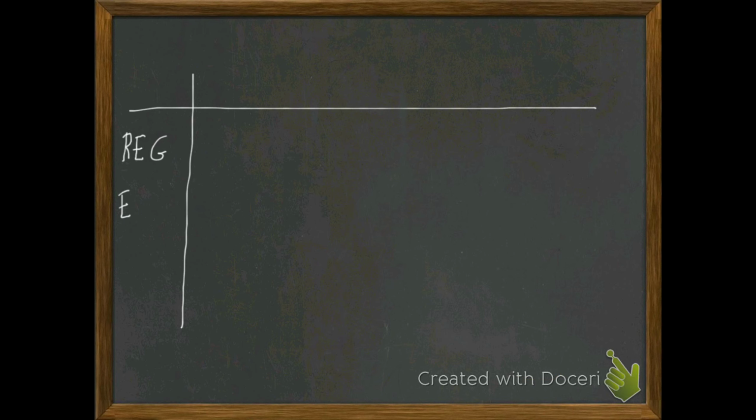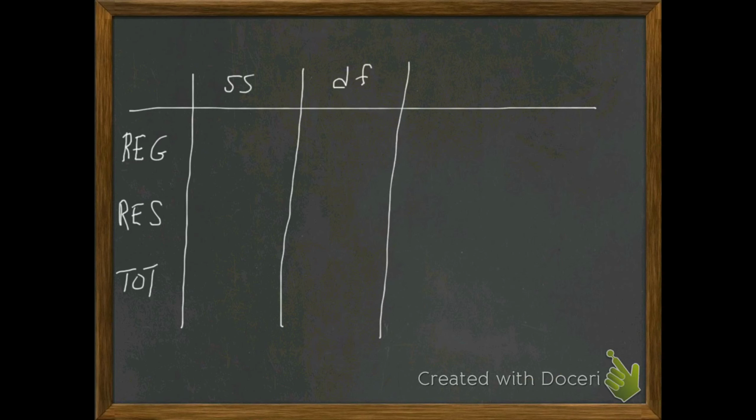Well, this is typically referred to as residual. And I want my total. The first thing we'll have is our sum of squares. Next we'll have our degrees of freedom. Next we'll end up with our mean square term. Next we'll end up with the F and the p-value. Okay?